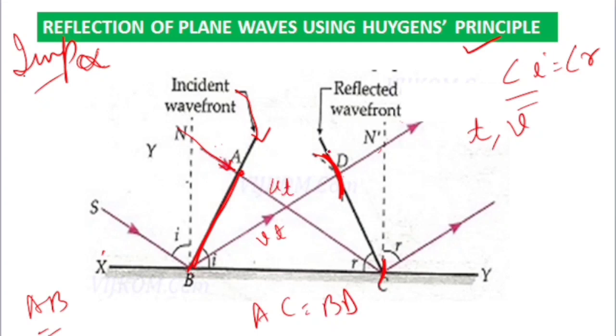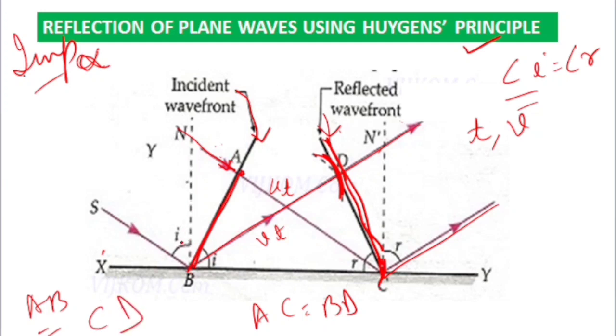Now, what is the second step of this Huygens principle? You draw one envelope or common tangent over these secondary wavelets. This is the secondary reflected wavefront, or new wavefront. And the normal to this reflected wavefront is the reflected ray. A ray is always normal to the wavefront. So now this is the incident wavefront AB and this CD is the reflected wavefront.